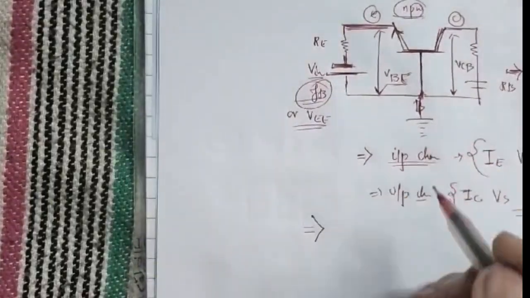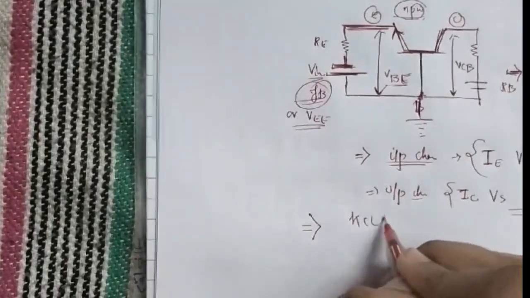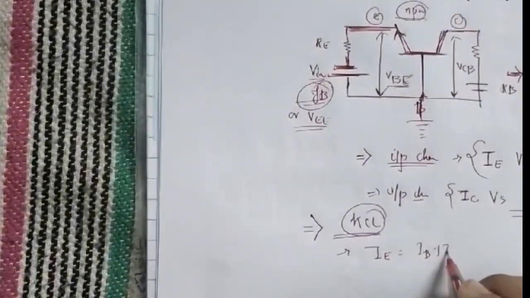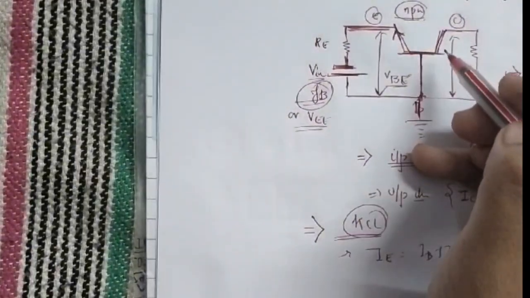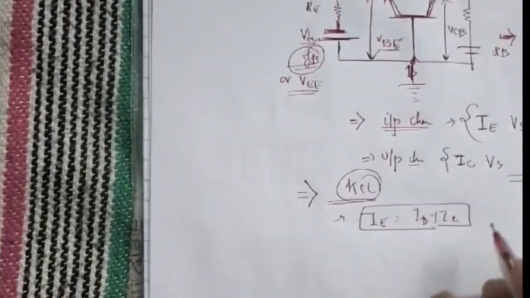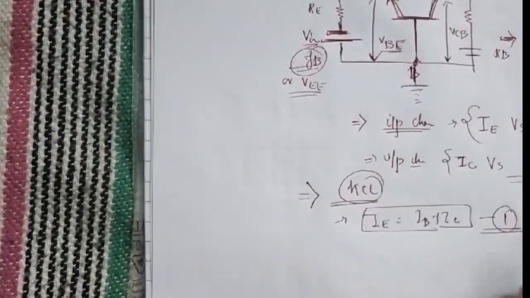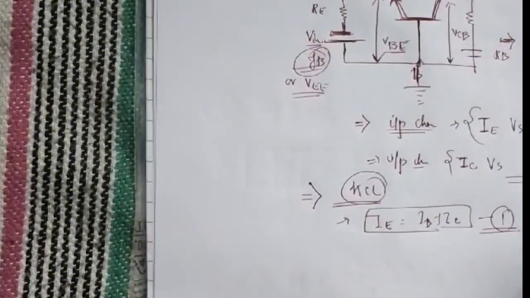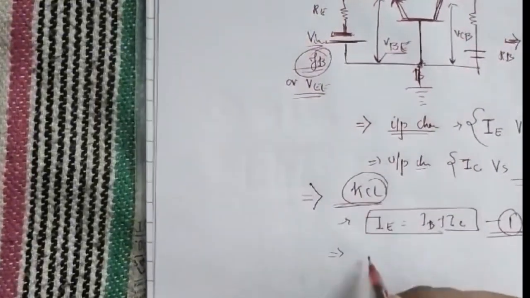Now in this circuit we can apply KCL, as we know that IE is equal to IB plus IC. Here we can see that from this direction IE will be IB plus IC. This is valid for any of these configurations, but this is only for active mode. We need to know this.